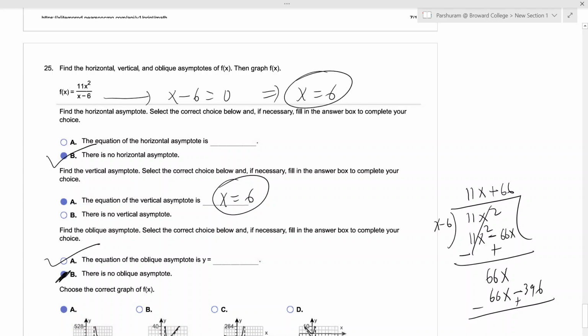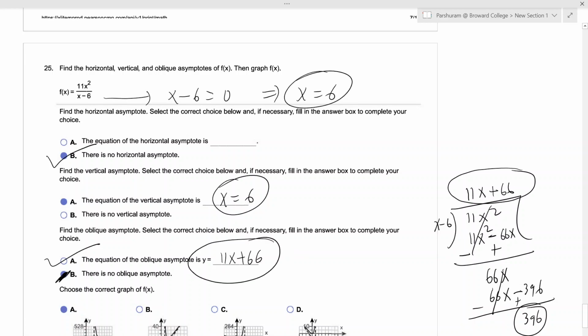Now there is just a constant left over. To find the oblique asymptote, if the degree on the top is 1 greater than the degree on the bottom, you can find it by dividing the numerator by the denominator and finding the quotient. Y equal to this quotient is your oblique asymptote. So y equal 11x plus 66 is your oblique asymptote.